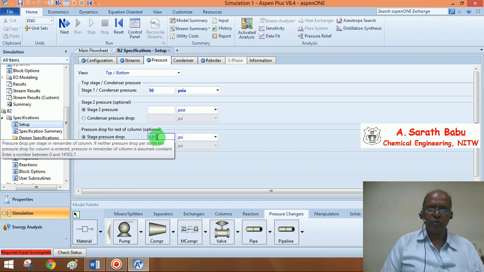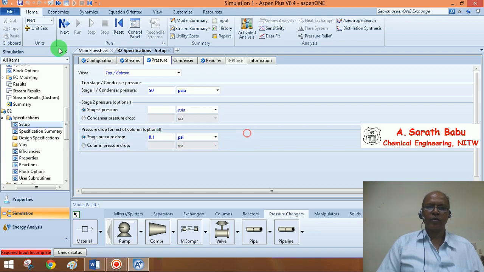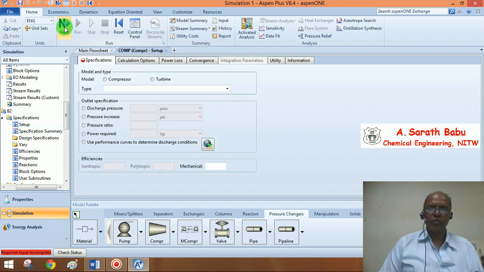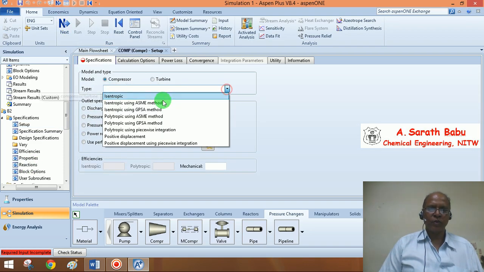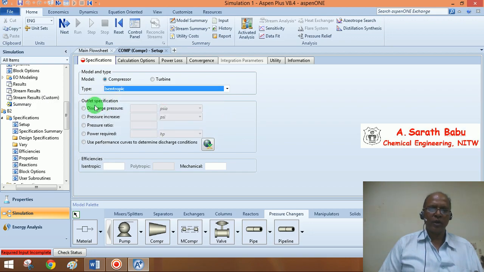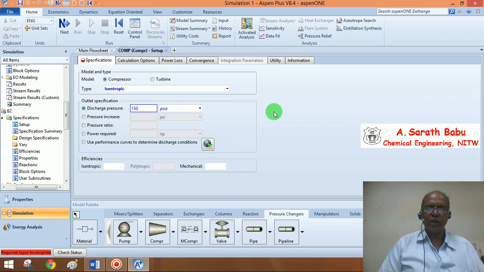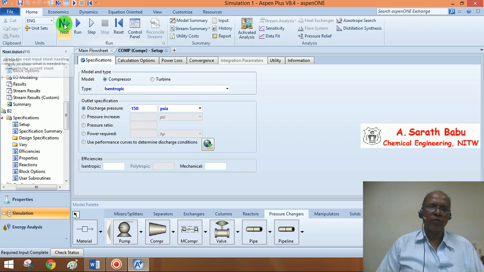So 10 into point, I think this should be 0.1. Right. So next. Now this is the compressor. Let us choose isentropic. Discharge pressure should be equal to 150 psi, the same pressure as that of the flash column.